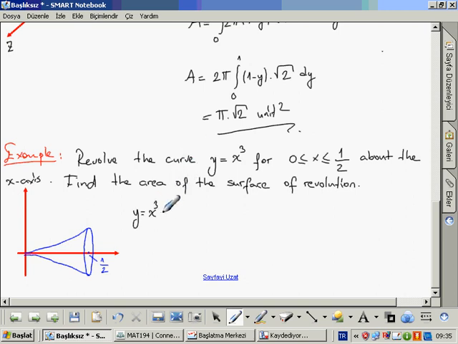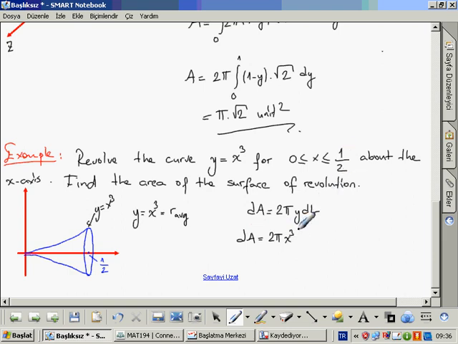Okay, and the del A equals 2 pi y del L, and the del A equals 2 pi times x cube.